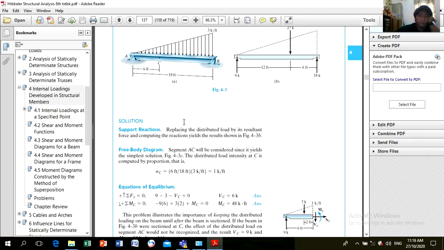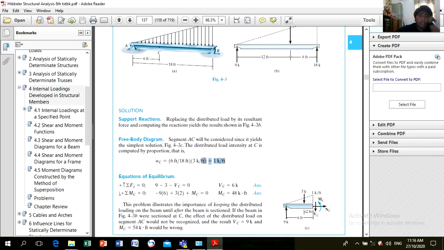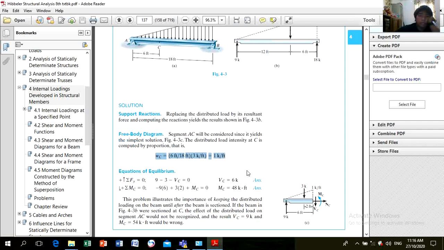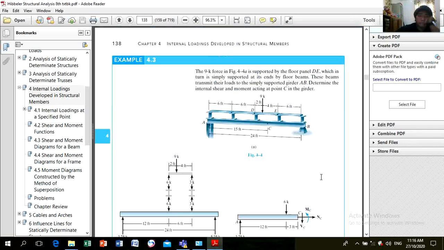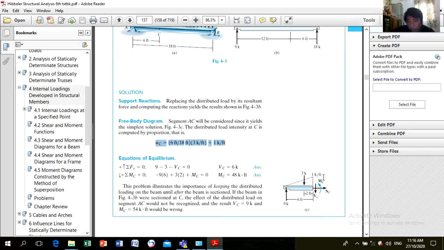WC becomes 6 over 18 times 3, which is 1 kip per foot. So the value at point C is 1 kip per foot.